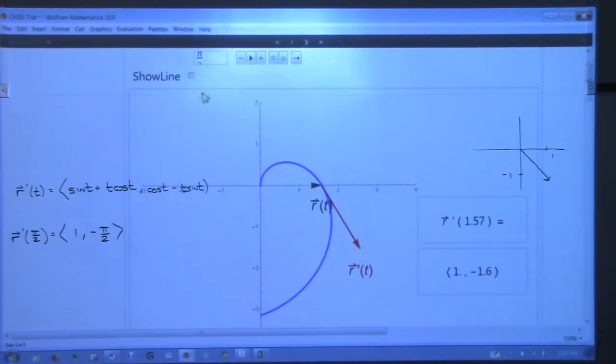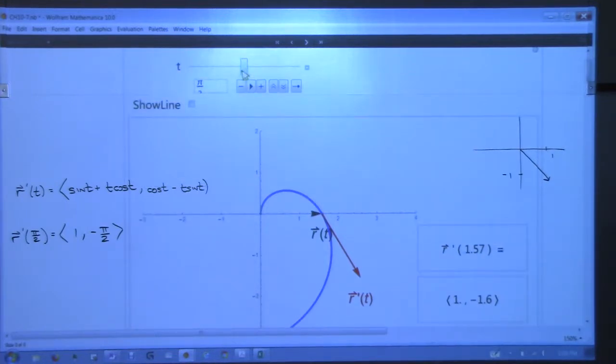Yes? So does the magnitude of r prime of t have anything to do with it? Absolutely. The magnitude of that vector is going to matter. In fact, let's move around right now and notice, as we move through time, that the vector changes direction, right? But isn't it also changing its length? It looks like it got smaller that way. It looks like it's getting longer here, doesn't it?